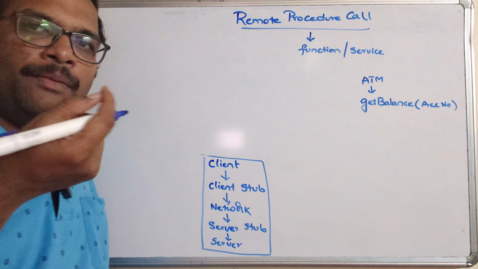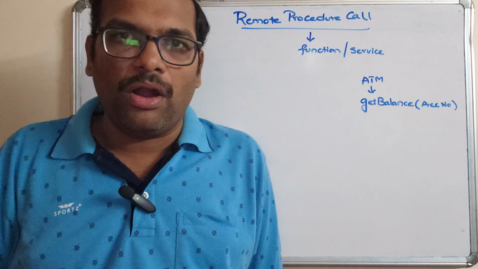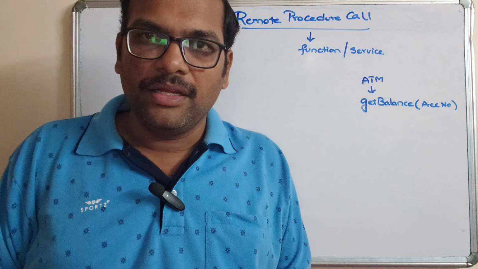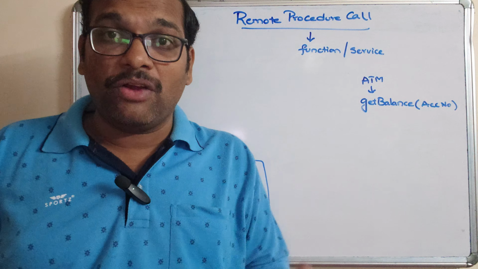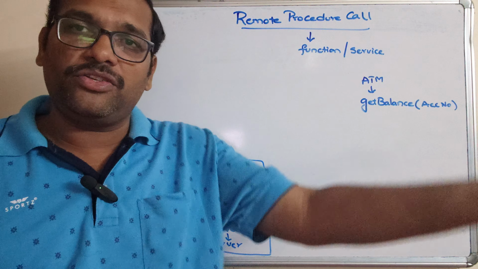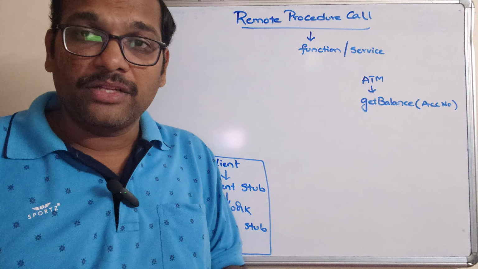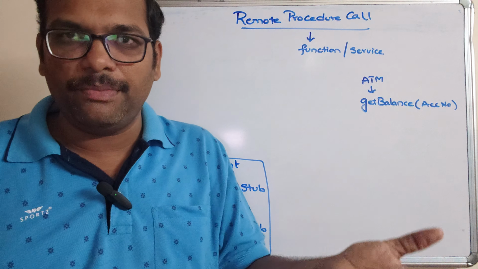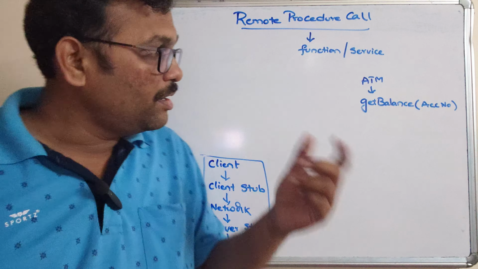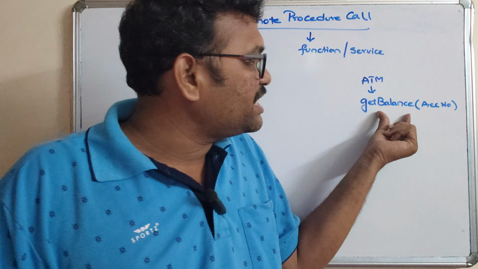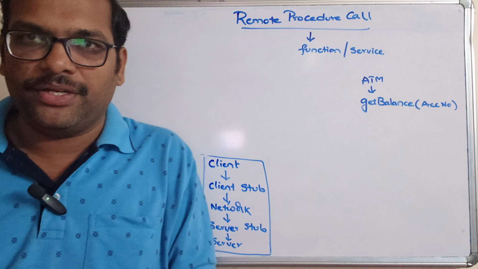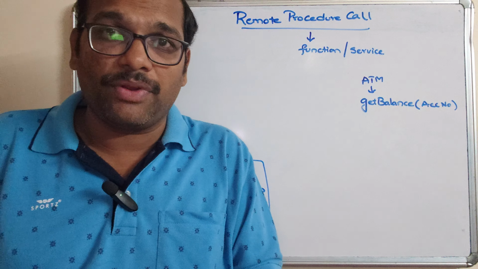So automatically one procedure will be called like get balance. So where our accounts will be stored, that will be stored in the bank server. Okay, not in the ATM, right? So in the bank server our account details will be there, but we are using this get balance in the ATM machine. Okay, ATM machine is not a server, right?